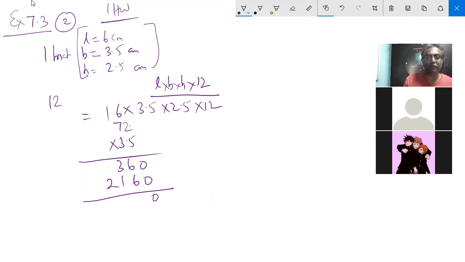Where are you going? Are you using a calculator or a guide? Nothing, uncle. I just calculated right now. How did you calculate? Tell me. I have a notebook, uncle. So with that, I calculated. What did you calculate? How much did you get? What is this answer? Tell me. 2520, uncle. Okay, tell me the calculation.